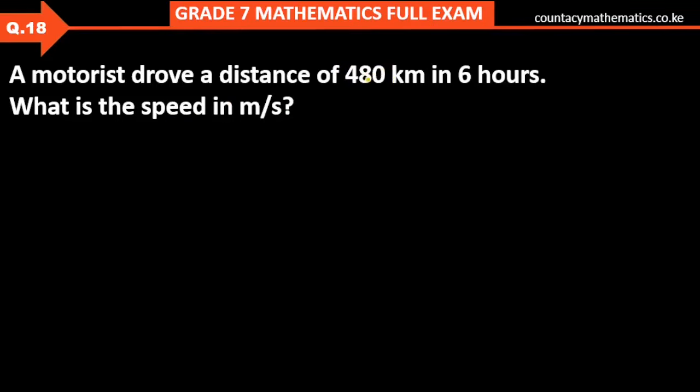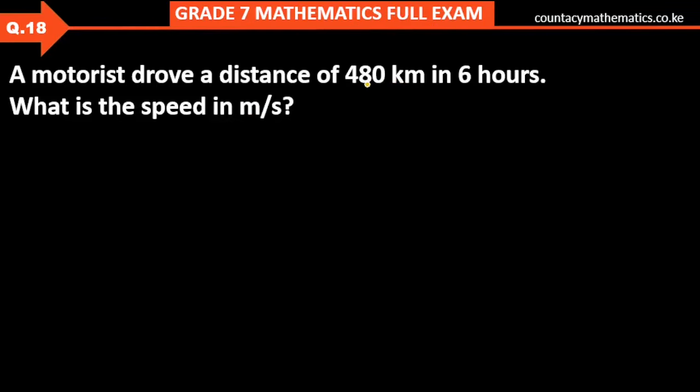If it is kilometers, you change them to meters, and if it is hours, you change it to seconds, so that you are able to calculate that. It all depends on the way that you find easier and convenient. But for this particular example, we can start by converting the 480 kilometers into meters.